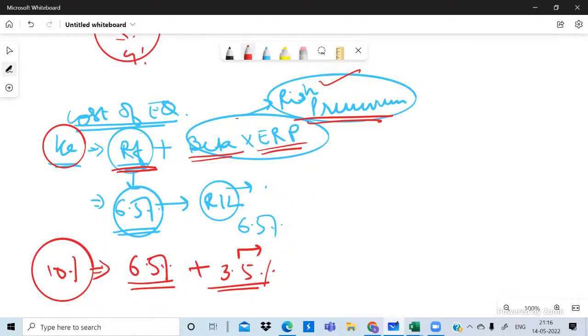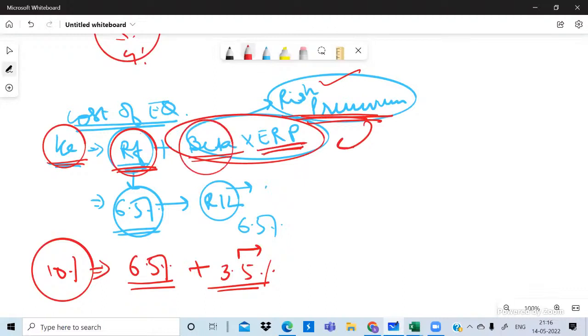Again, not getting into the nitty-gritties of this. Just tell me whether beta and equity risk premium have been covered in your async content or not. If it's not covered, even I'll skip it. No, fine. So just leave it. What you need to know is cost of equity is risk-free rate plus risk premium. And just understand that risk premium is calculated as beta into equity risk premium.